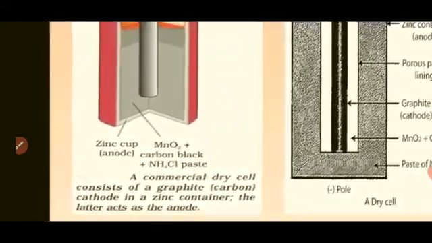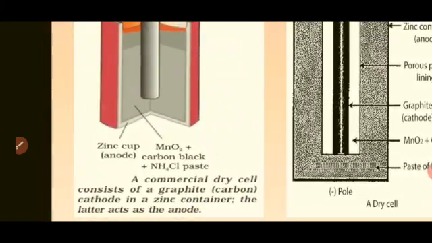This graphite rod is surrounded by the paste of MnO2 and carbon black. There is also a paste of ammonium chloride and zinc chloride to fill the gap between anode and cathode, which acts as electrolyte. This paste is moistened with water.